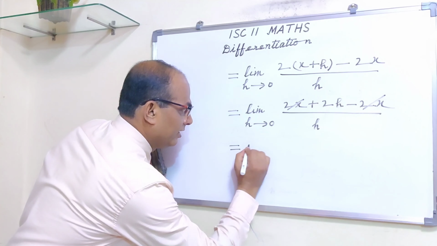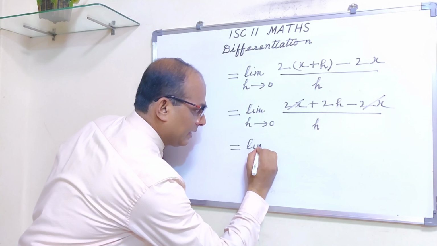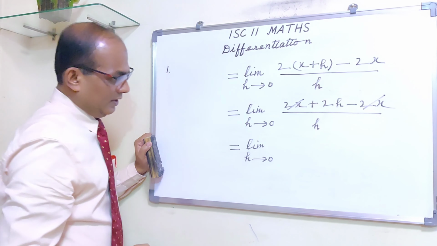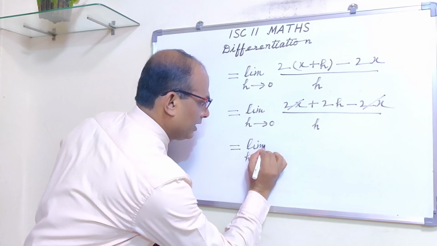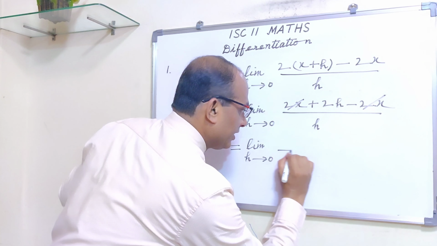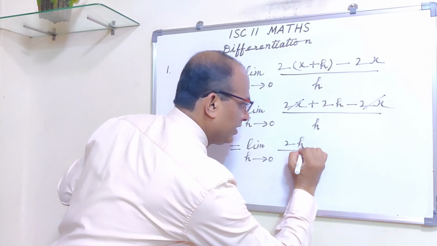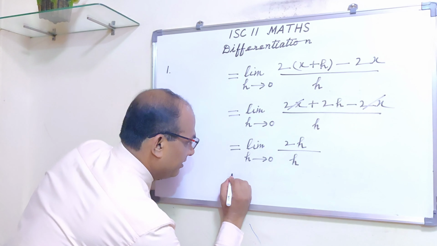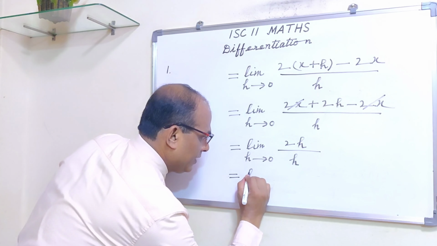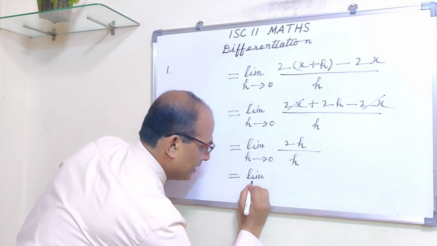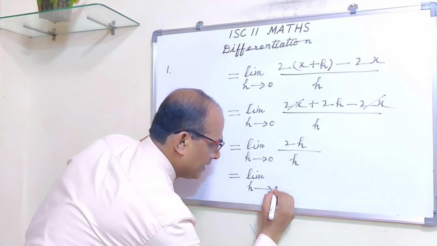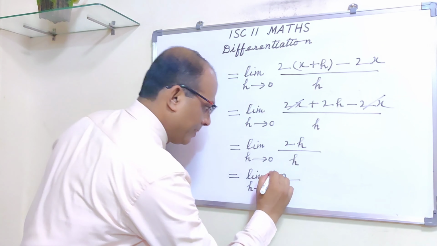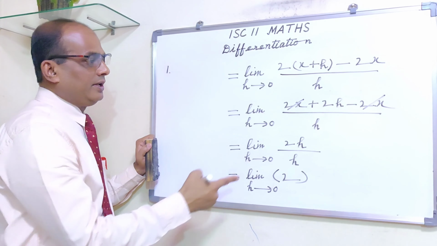So we write then is equal to limit h tending to 0, 2h upon h. The h cancels and then you get limit h tending to 0, 2.